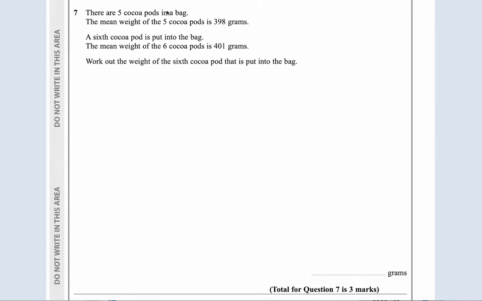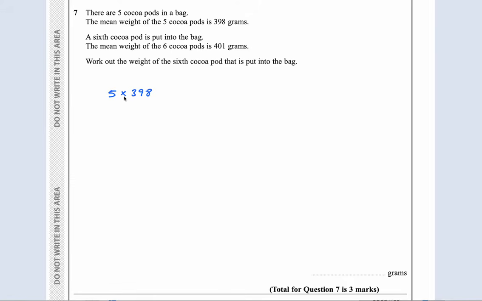So 5 cocoapods. The mean weight is 398. So I want to get the total weight, right? So 5 times 398 will give me the total weight of these 5. Then it says we add in a 6th one.